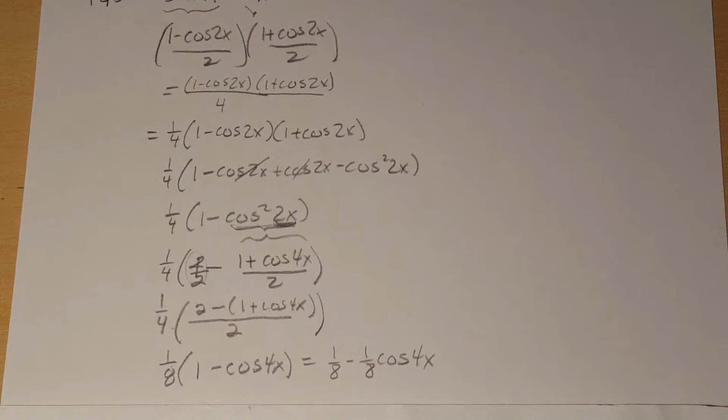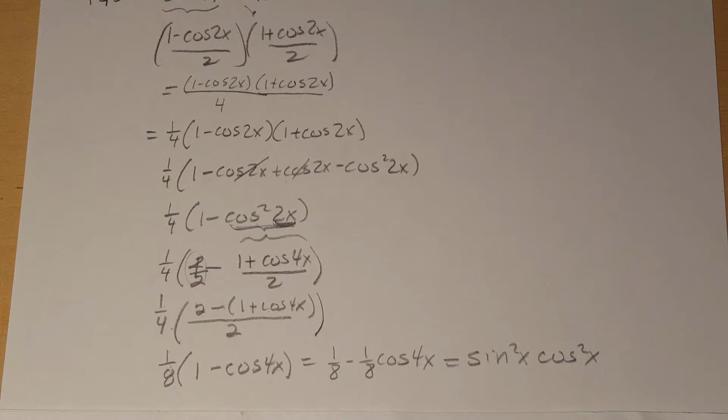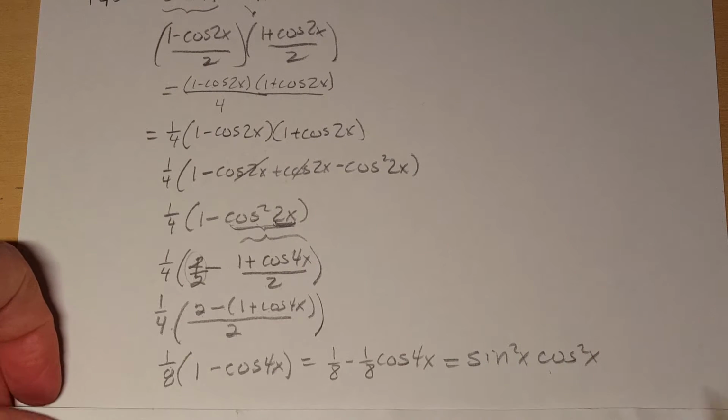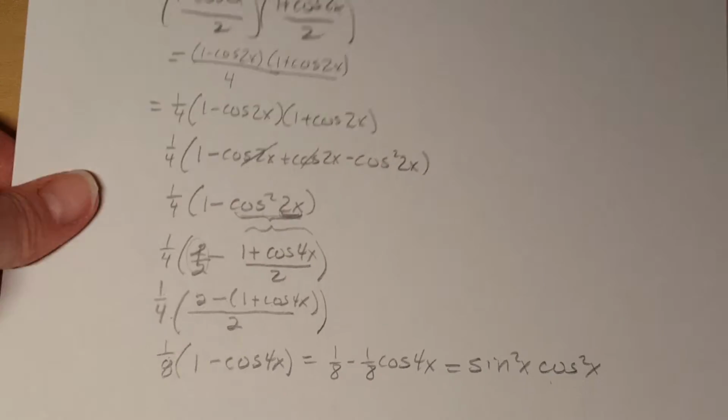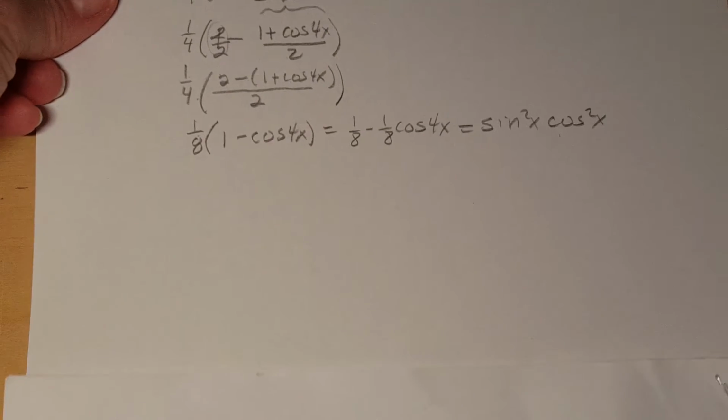Okay, now the next one, we're going to use that identity. So we now have that this is equal to sine squared x times cosine squared x, and we're going to use that in the next two problems. So I'm going to do 147 first. I think it's a little bit shorter, and then we'll come back and do 146.